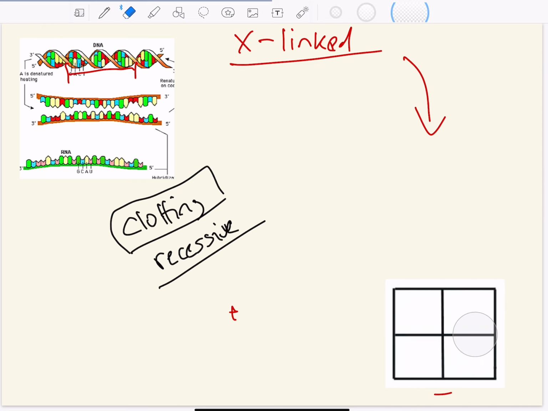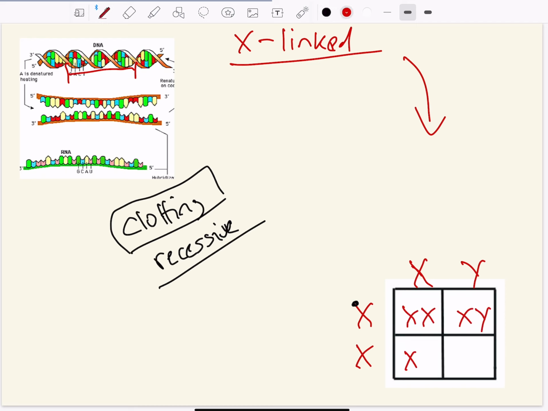Now, if it was dominant, then we would see a different result for the female. So let's do it again. X, X, X, Y. Let's say it was a dominant gene just on one. So we're doing essentially the same. X, X, X, Y, X, X, X, Y. So if it was a sex-linked dominant, this one here is going to be the same. So this would be a genotypically and phenotypically affected male.